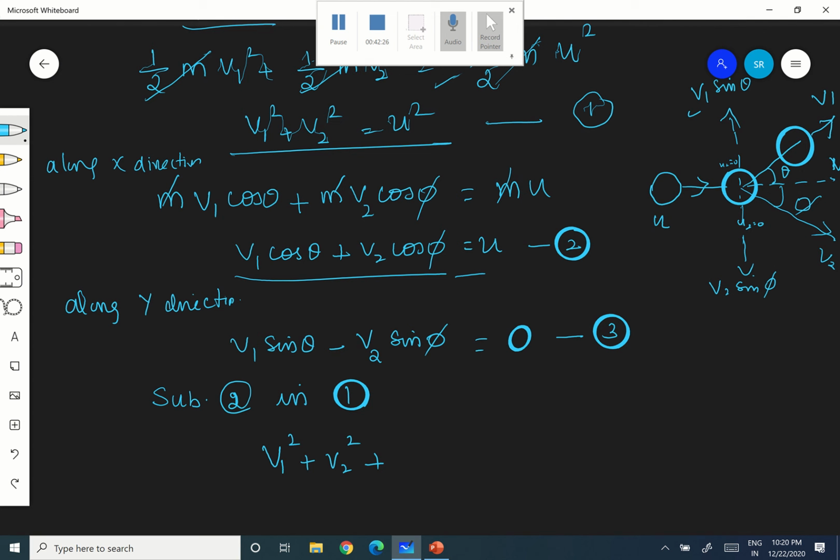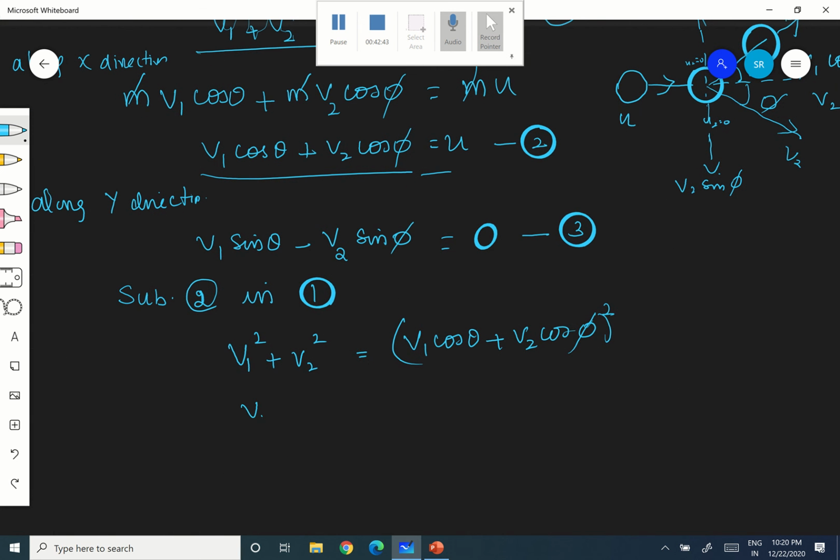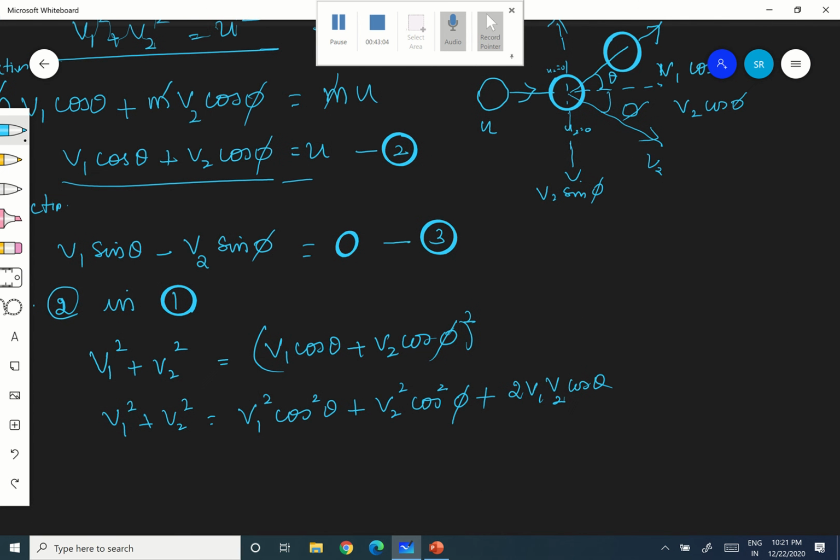Therefore that is equal to v1 cos theta plus v2 cos phi the whole squared. And therefore v1 squared plus v2 squared is equal to v1 squared cos squared theta plus v2 squared cos squared phi plus 2 v1 v2 cos theta cos phi.